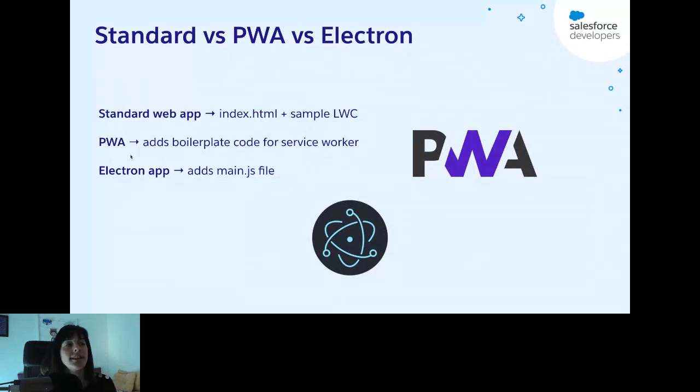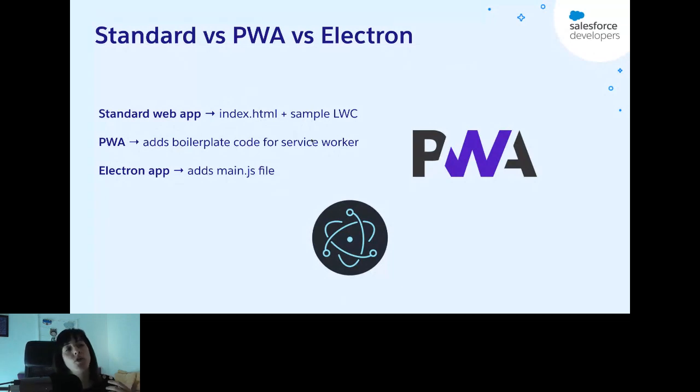If you select a progressive web application, by the way, that is an application that is able to run in any kind of device, like a mobile device, for instance, or a tablet, that just uses HTML, JavaScript, and CSS, and that has some requirements implemented, for instance, offline management.